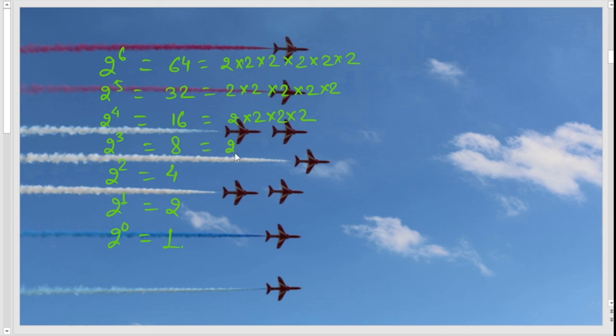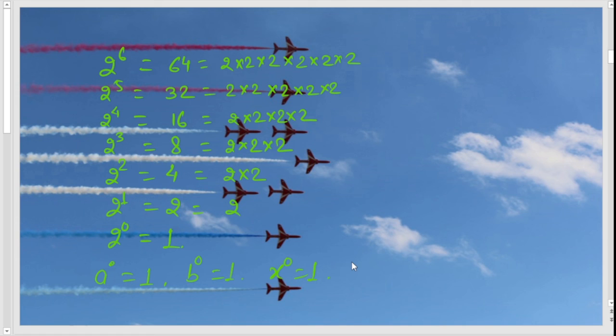Now 2 is multiplied 3 times. 2 into 2, 2 times. 2, and now nothing. That means 2 to the power 0 is equal to 1. So anything having its exponent as 0, that is 1. Here we came to know that a to the power 0 is equal to 1, b to the power 0 is equal to 1, x to the power 0 is equal to 1.